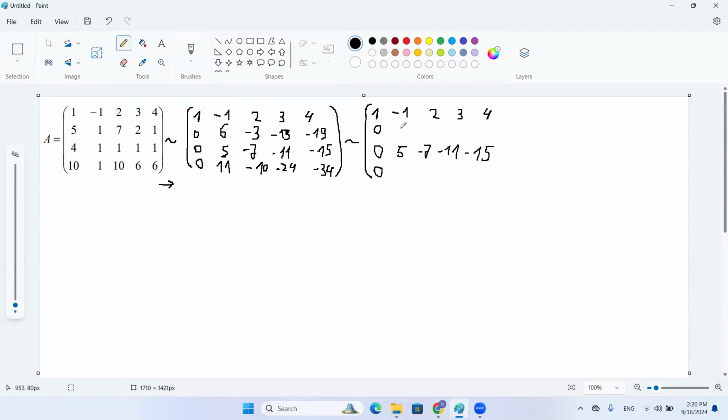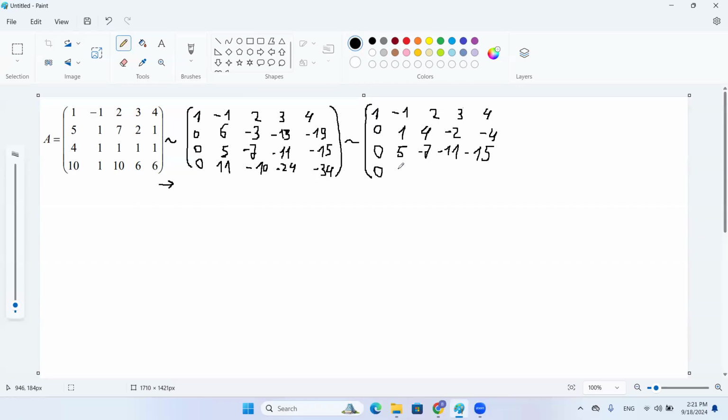And it will be 1, then 4, -2, correct, and -4.